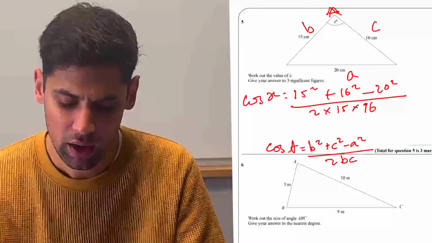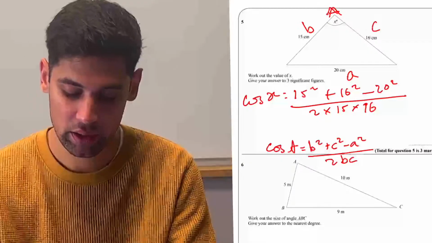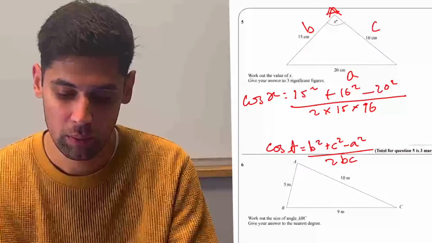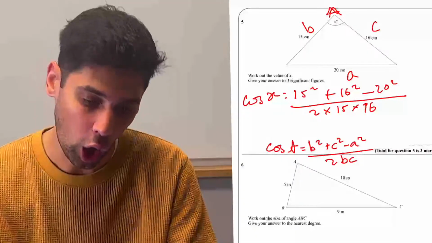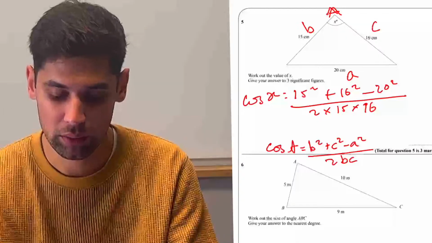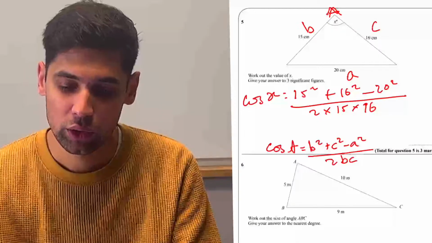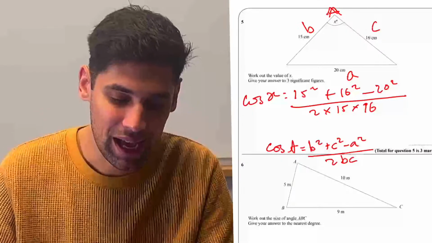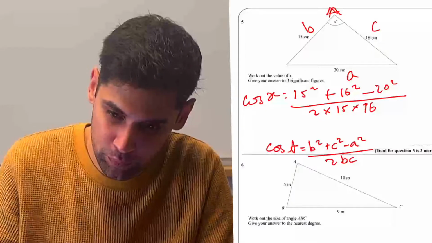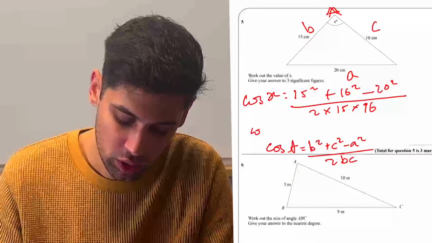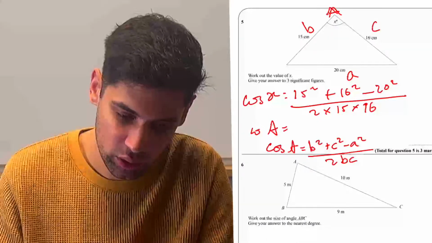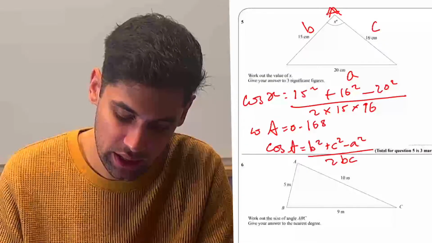So fraction 15 squared plus 16 squared minus 20 squared over 2 times 15 times 16 equals 27 over 160, aka, so cos A equals 0.16875.